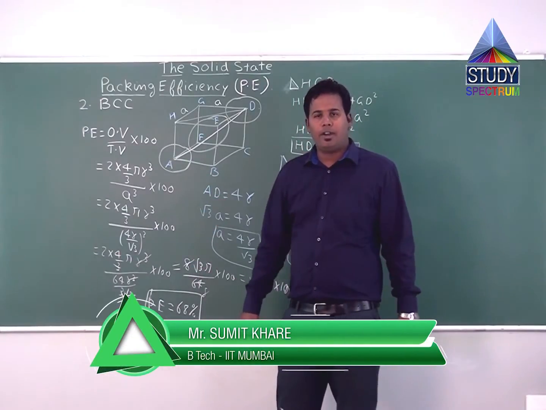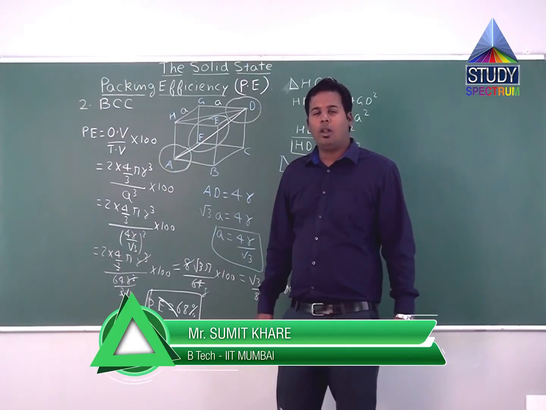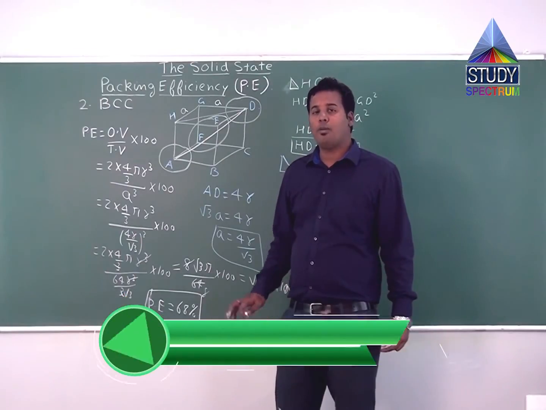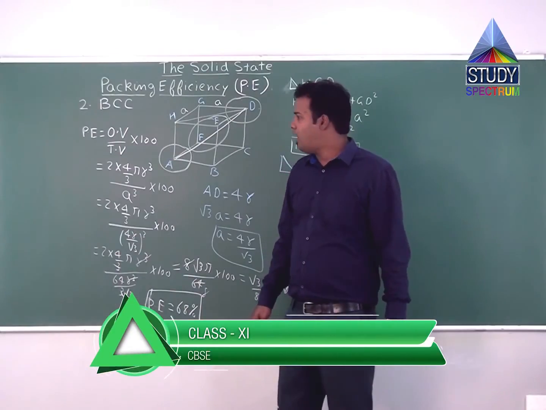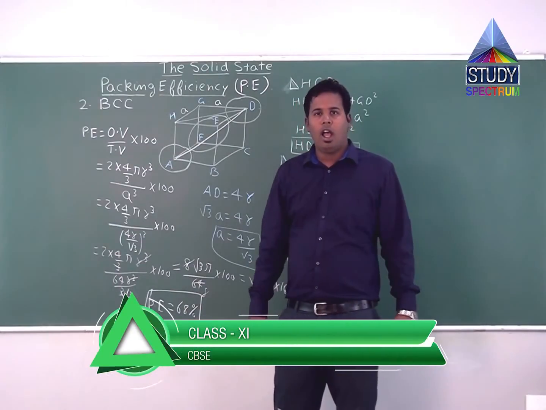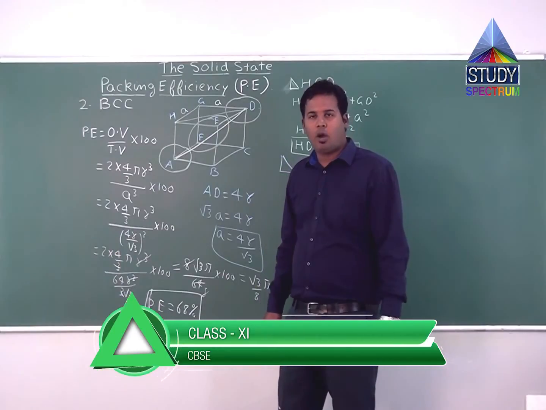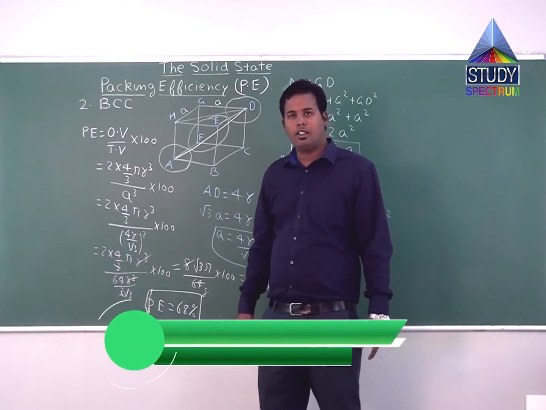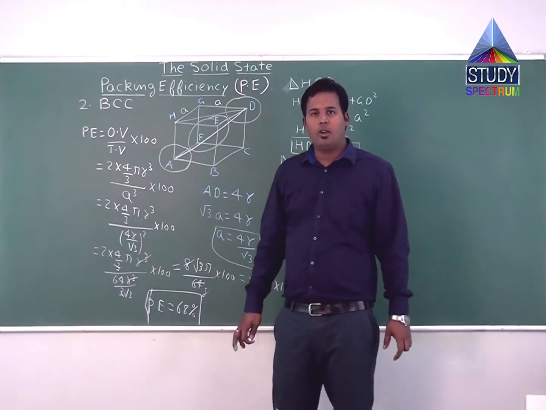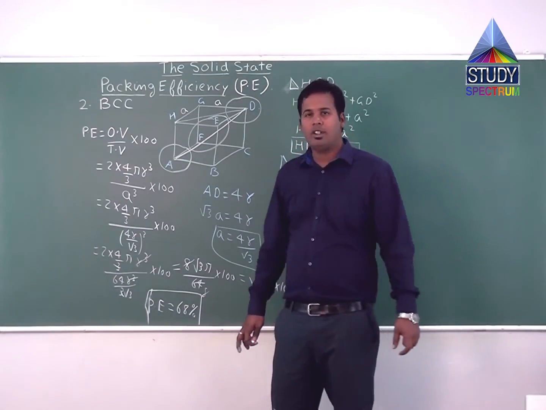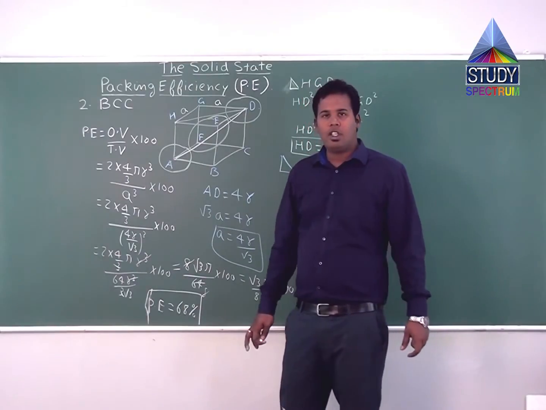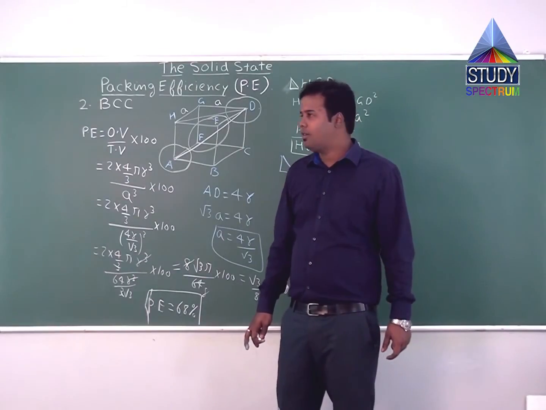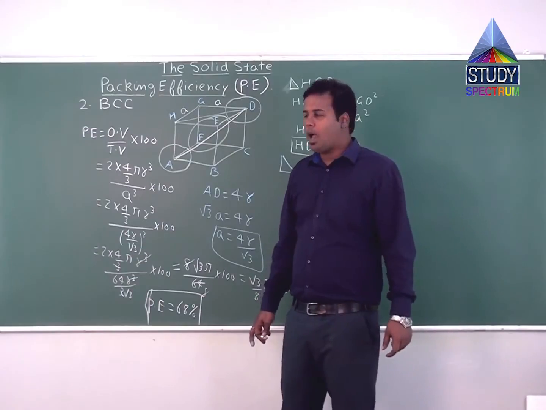Since we have 8 different corners of this cube, the total number of effective spheres coming out from corners only is 8 into 1/8, that is 1. And above all, we have one full atom or sphere present at the center of this body. So the effective number of spheres in this body-centered cubic unit cell is 1 plus 1, 2. Correct?